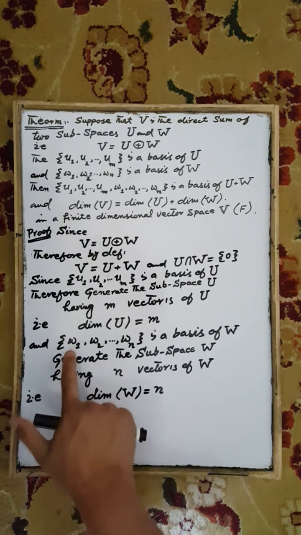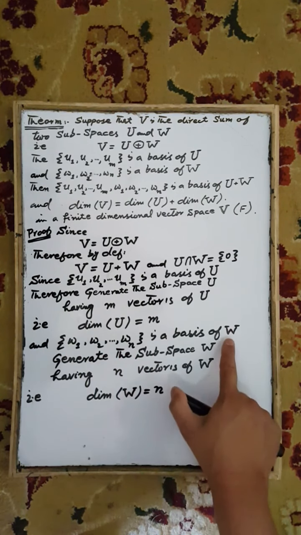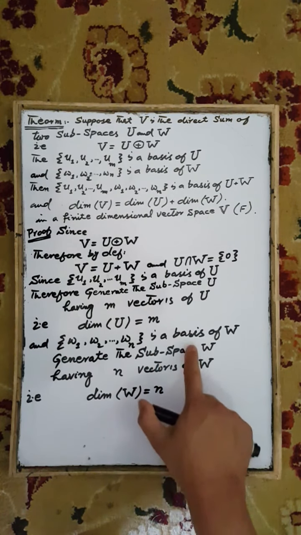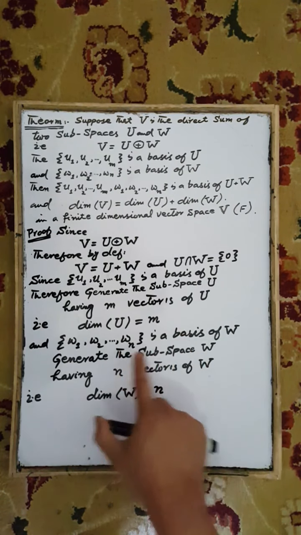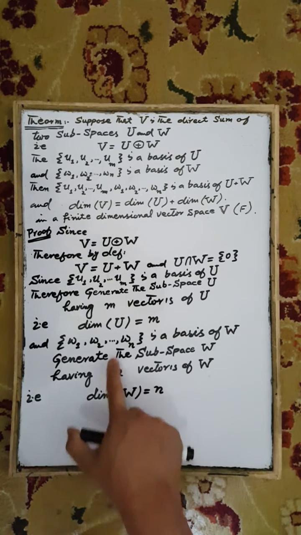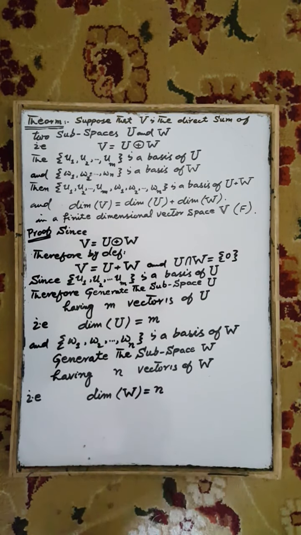Similarly, the set containing the elements W1, W2 up to Wn is a basis of the subspace W of the vector space V over the field F, which generates the subspace W according to the definition of the basis and contains n vectors, that is, the dimension of W is equal to n.